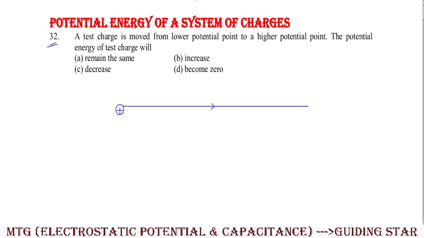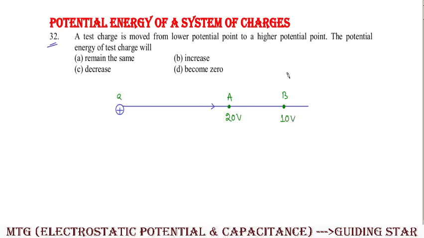Assume there are two locations, location A and location B. We also know that if this is a charge Q, then as we move away from the charge, the potential due to the charge decreases. So assume that here the potential is 20 volt and here the potential is 10 volt.